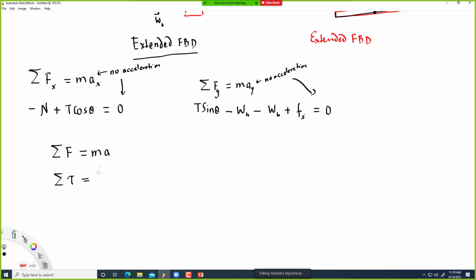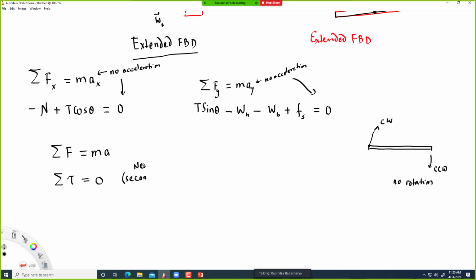We haven't talked about that yet, but for this case we'll just say 0. The sum of all the torques will be 0. In the next chapter we'll talk about how to replace mass and acceleration in the rotational part. But for now, let's just say that there is no rotation of this object, clockwise or counterclockwise. So if there is no rotation, that means all the torques should be equal to 0. That's the second law.